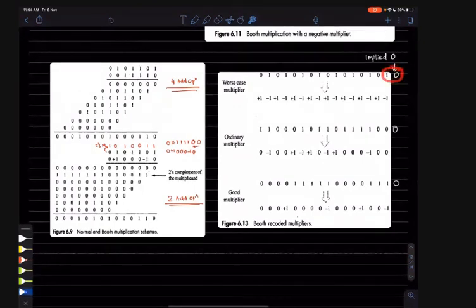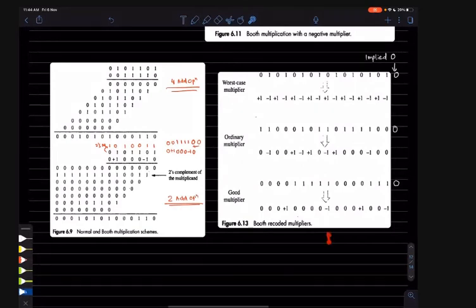Get the 2 bits, i-1 and i, and replace this bit with the coded one. If you get a -1 you have to multiply with the 2's complement of m, and whenever you get a +1, you have to add the normal m. So that is the algorithm.